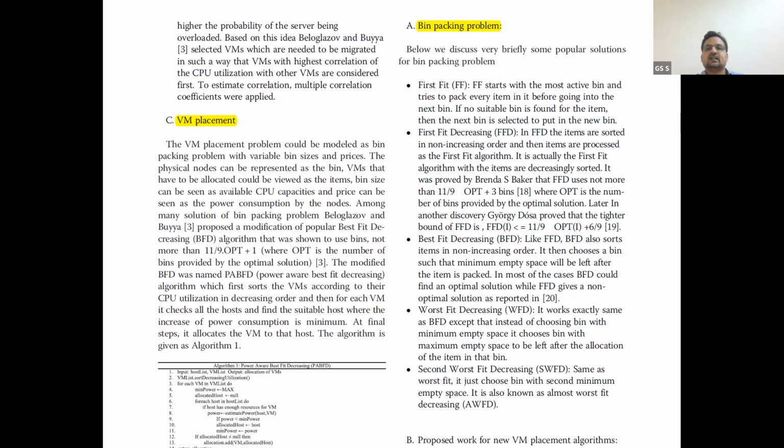In worst fit, after allocation of a VM, the remaining resources are maximum. And another algorithm is second worst fit decreasing. You first order them, don't choose the first one, choose the second one. Same as worst fit, it just chooses the bin with the second minimum empty space. It is also known as almost worst fit decreasing.